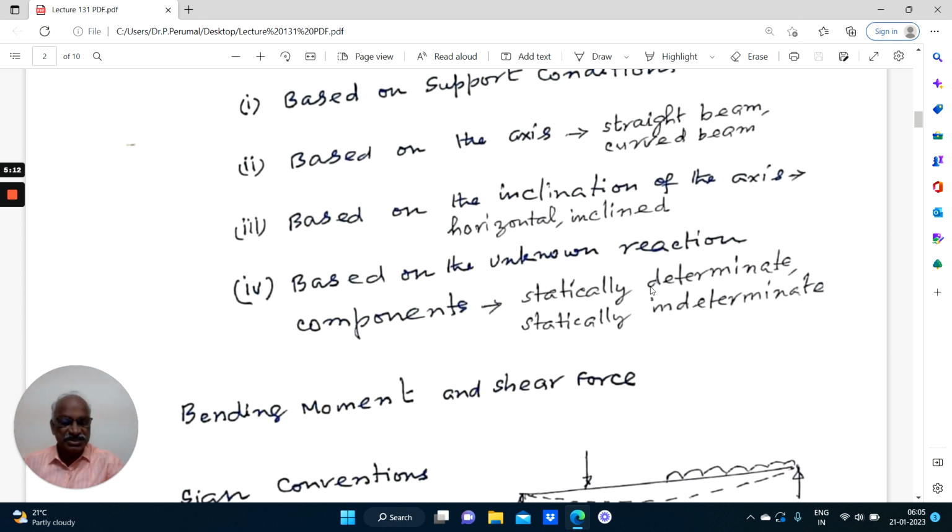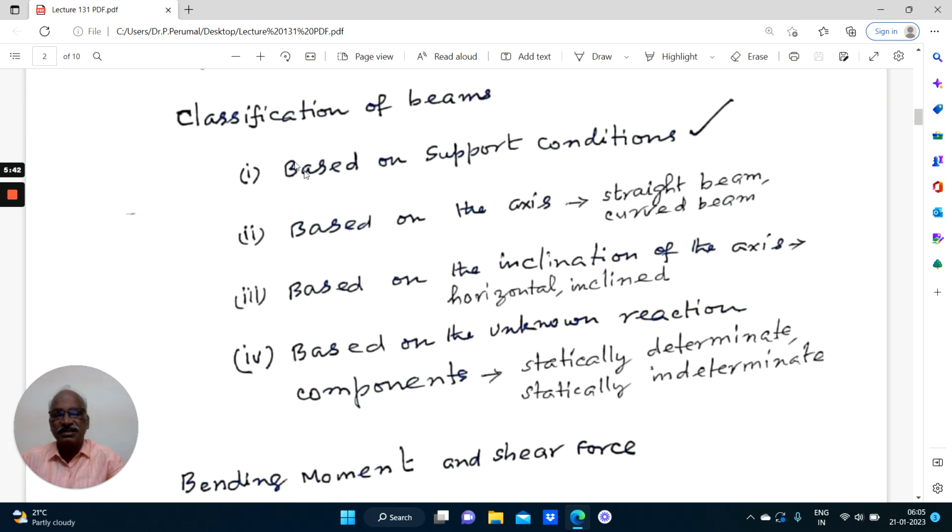In the case of two-dimensional structures, we have got three equations: sigma V equals 0, sigma H equals 0, and sigma M equals 0. If a structure can be completely analyzed by only using these three conditions of equilibrium, the structure is called a statically determinate structure. If these conditions alone are not sufficient, then we call the structure statically indeterminate. Right. So these are various classifications. Now we are going to concentrate only on the first classification to start with.